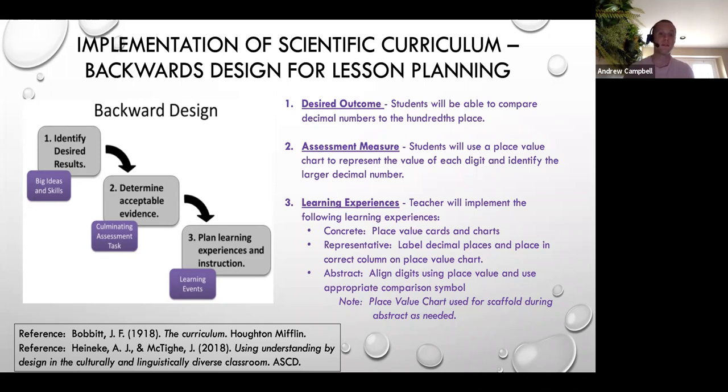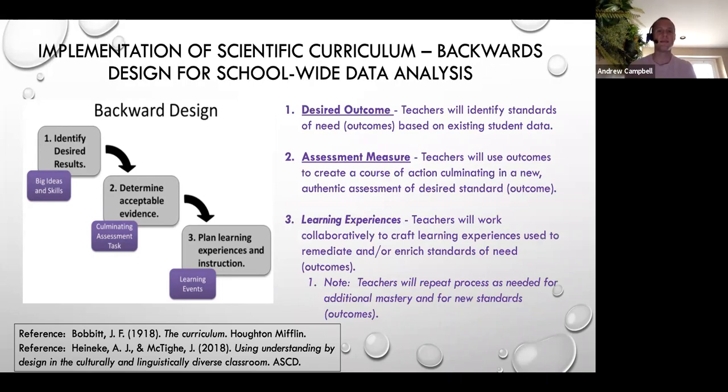But not only can this process, which takes root in the practice or the theories of Bobbitt, be used from a more leadership overarching idea. So let's say we're looking at school-wide data. Again, we want to begin using the same backwards design profile. We're starting with our desired outcome.